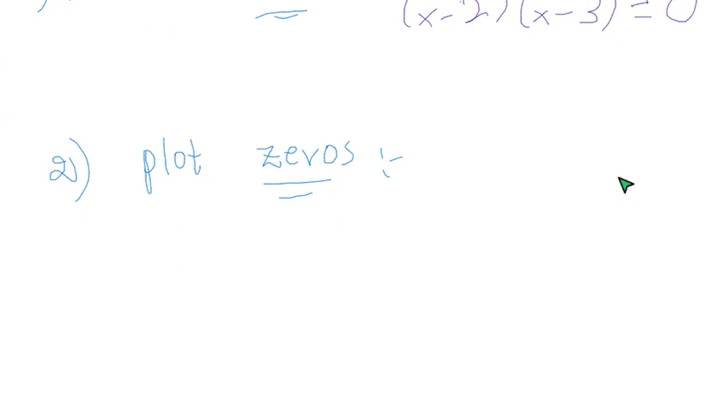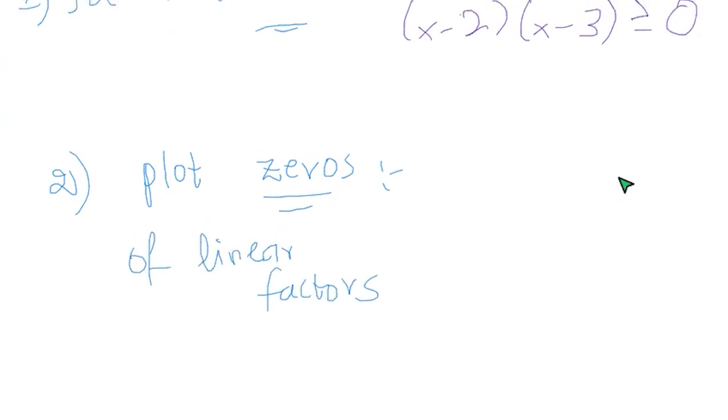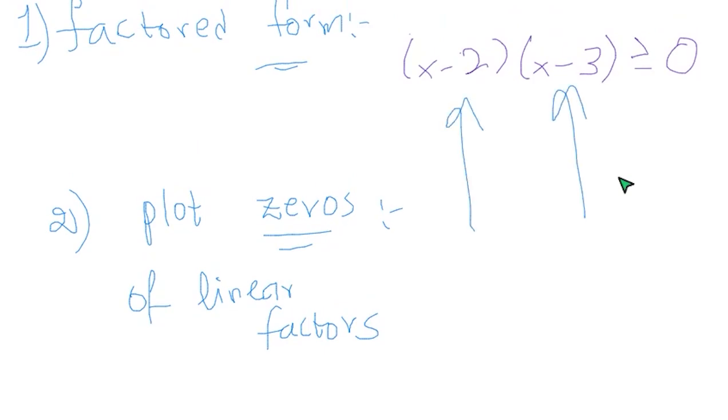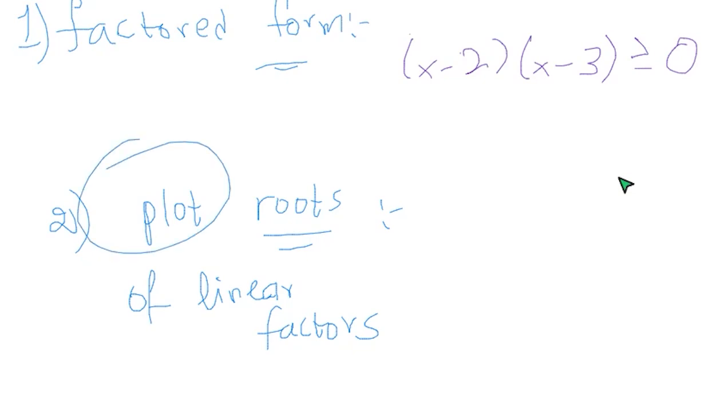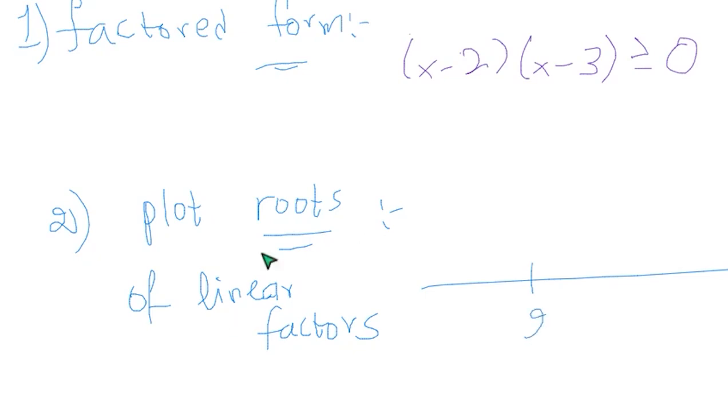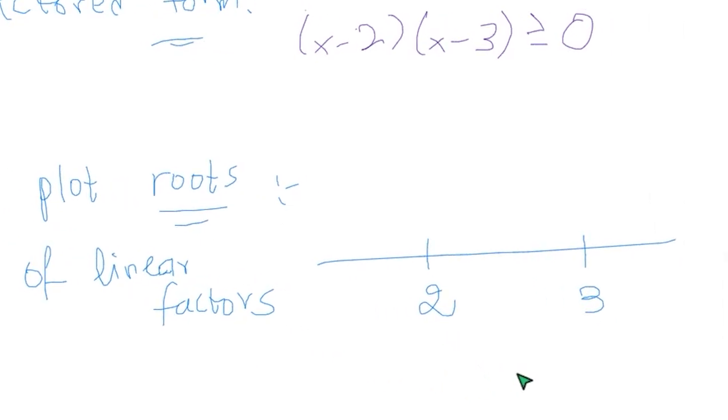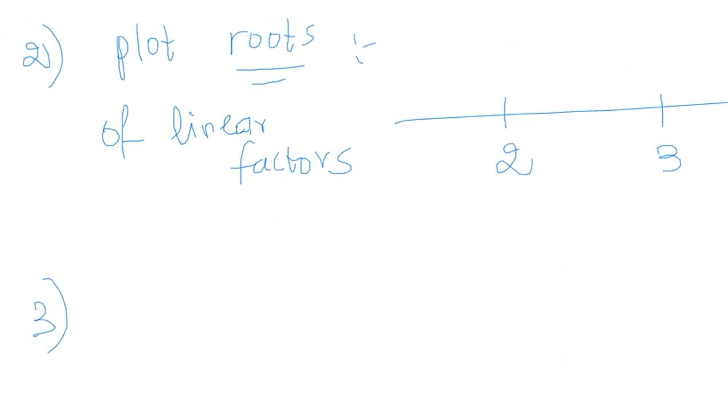Linear factors means these things. So what are the roots? Zeros. The zeros are 2 and 3, on the number line, basically. So this is step number 2.